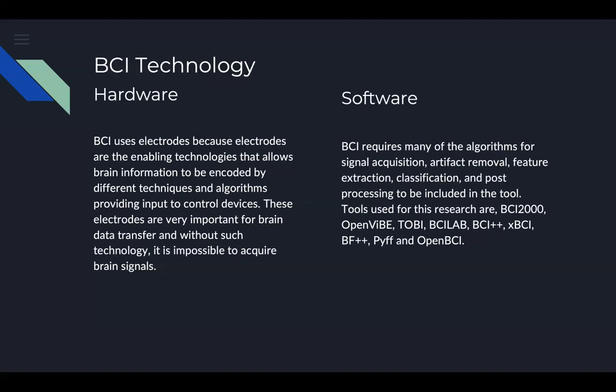There are so many software tools in the market for BCI signal calculation, but our researchers use the following tools: BCI2000, OpenViBE, BCILAB, BCI++, xBCI, BF++, PyFF. It's a Python tool, and OpenBCI. OpenBCI is an open source and free tool, so you can use it by yourself as well. It's free to download as well.